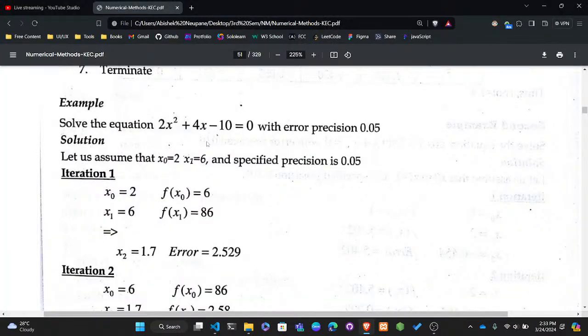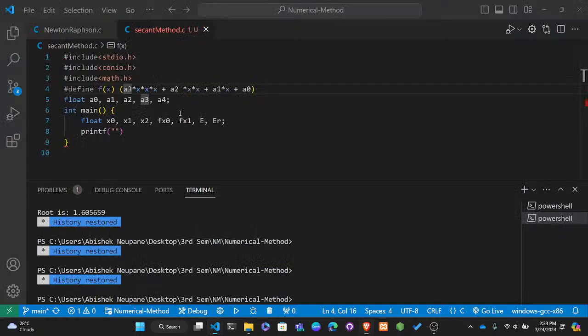In our case, the function starts with just x square, so the user will input the first coefficient as 0, the second as 2, the third as 4, and the remaining one will be just -10. Okay, so let's ask the user to input the coefficients. Enter the coefficients.